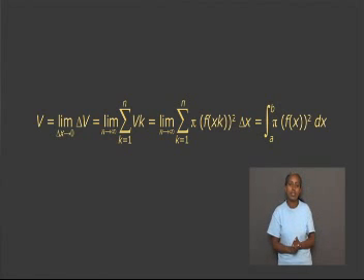The equation is expressed here. You see that the volume is expressed by delta V times the limit of delta x approaching 0. This is a tricky equation, so be sure to copy it down carefully.